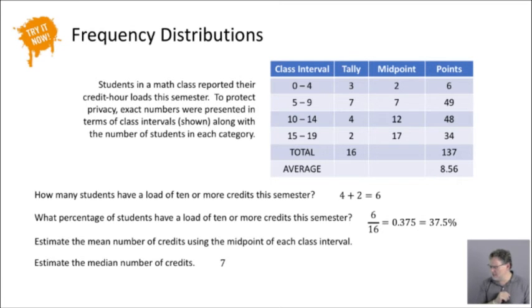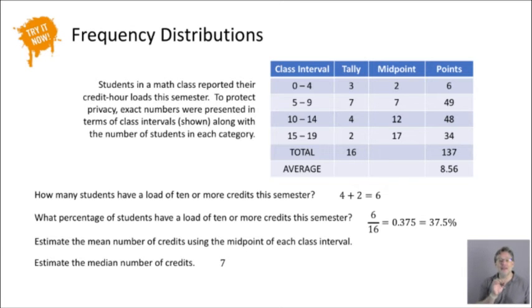The question is, we have 16 students, so what data value is in the middle? Well, 16 is even, and so it's really between the 8th and the 9th value that we would find the median there. So where would we find the 8th and the 9th value if we placed all of these data values in order? Well, we have the first 3 in the first row there, 0 to 4, and we have the next 7 students in the second row there. 3 plus 7 is 10.